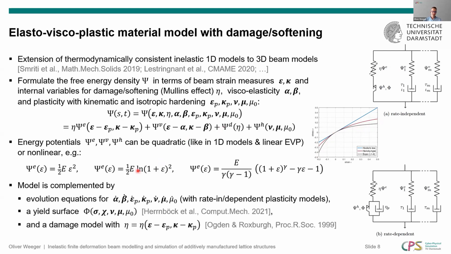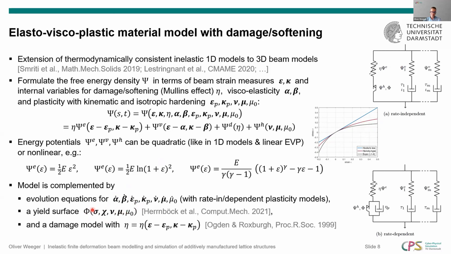Now, in order to complete this inelastic material model, we also need evolution equations for all the internal variables, which are formulated in the typical way, basically how this is done also in 1D viscoelasticity and 1D plasticity, which means that for the plasticity, we also need a yield surface.